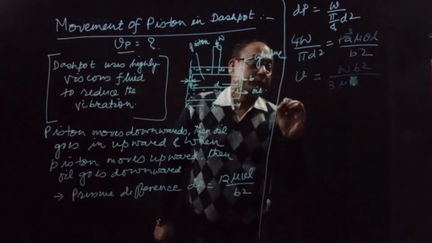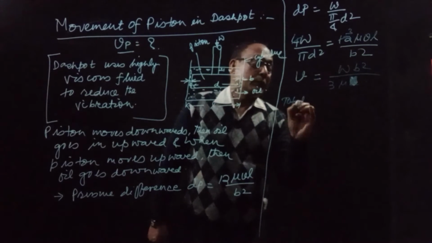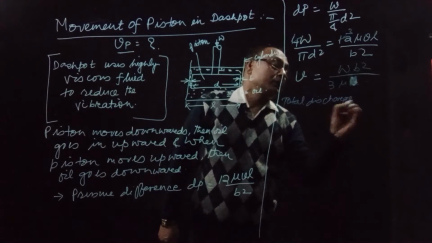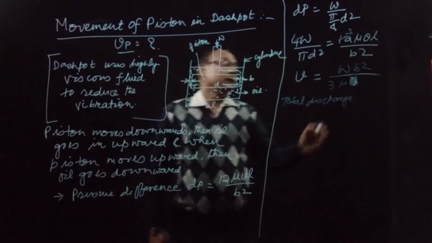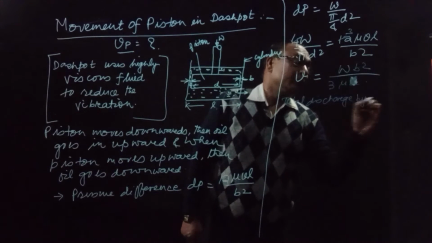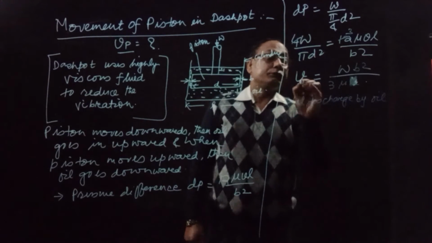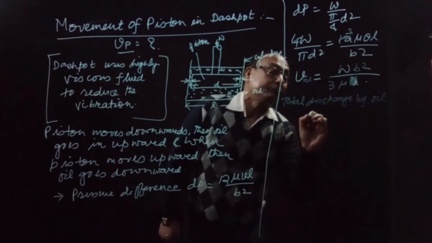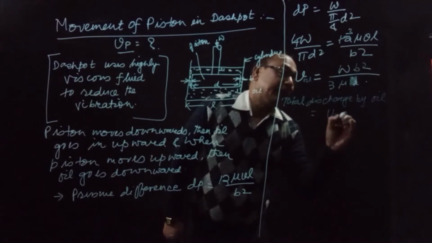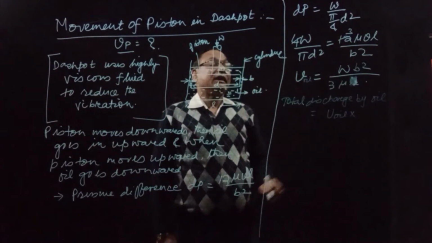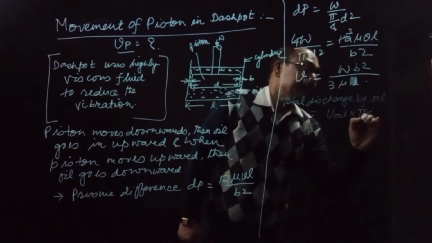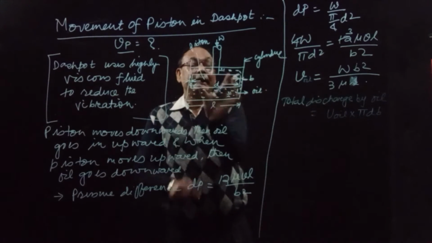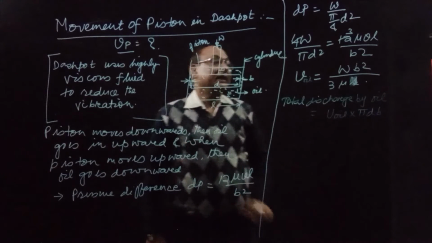Now the total discharge by the oil is the velocity of the oil into the area. The area is pi d B, where pi d is the circumference and B is the clearance.